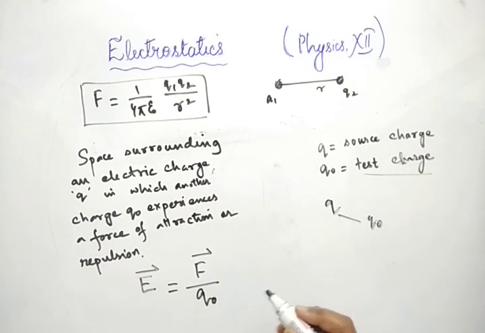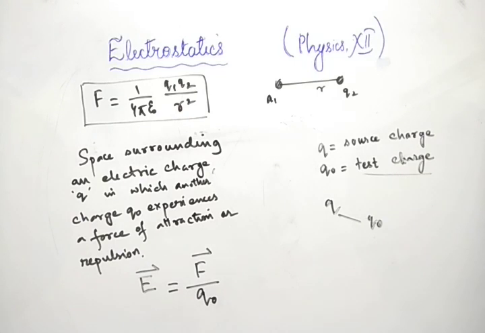Electric field is a vector quantity, as you can understand from this. It has a direction and it points in the direction of the force. Okay, so this is the definition of electric field.